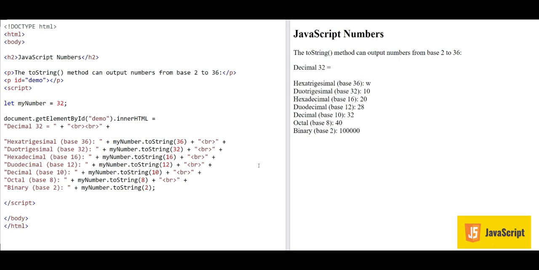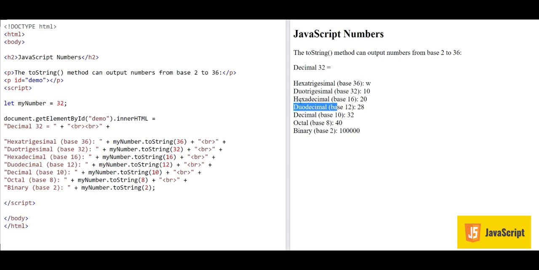So when we are showing 32 in base 2, the answer is 100000. So this is the representation in binary of the number 32. In octal, 32 is written as 40. In decimal, 32 is 32 because this is the default base 10 representation.